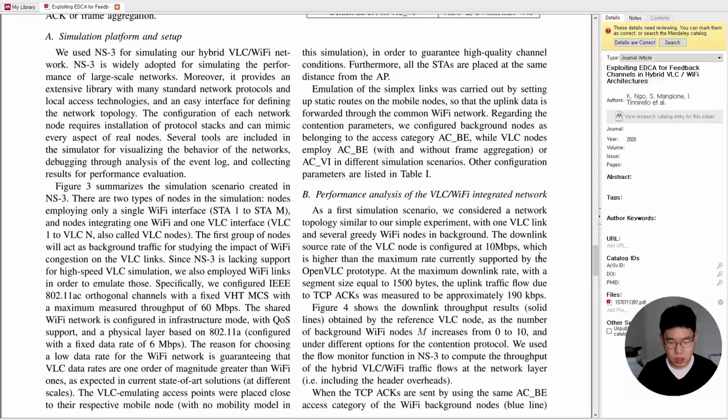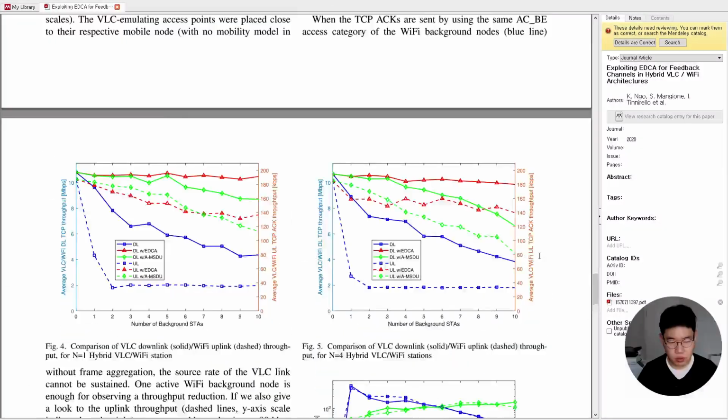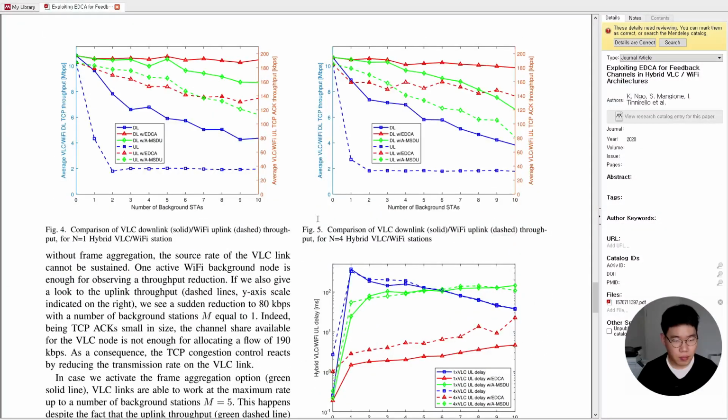The blue line is when the TCP ACKs are sent using the same AC_BE access category of the Wi-Fi background nodes. Comparison of the VLC downlink, solid, and Wi-Fi uplink, dashed, throughput for N1, a hybrid VLC Wi-Fi station.